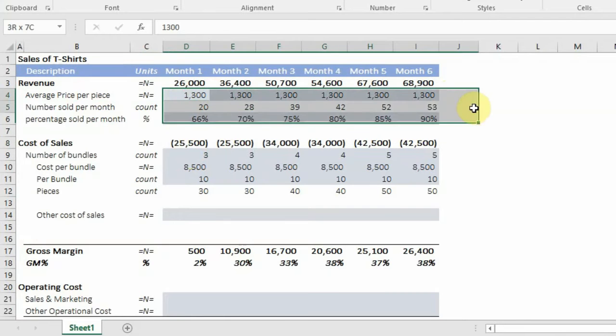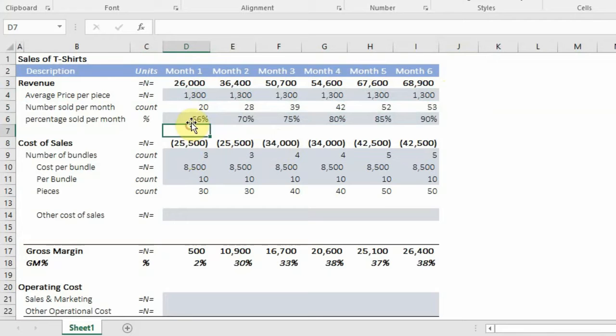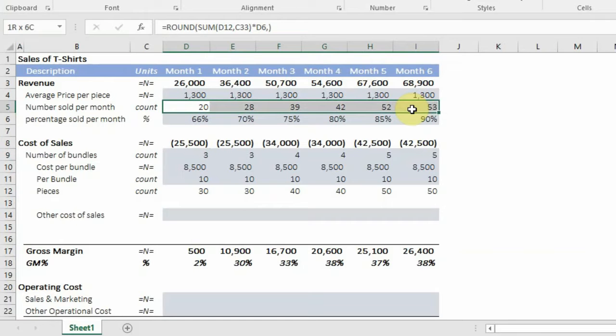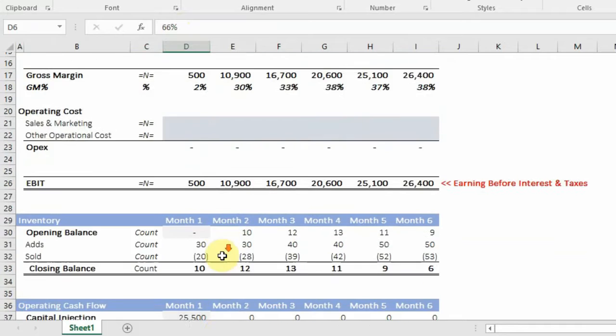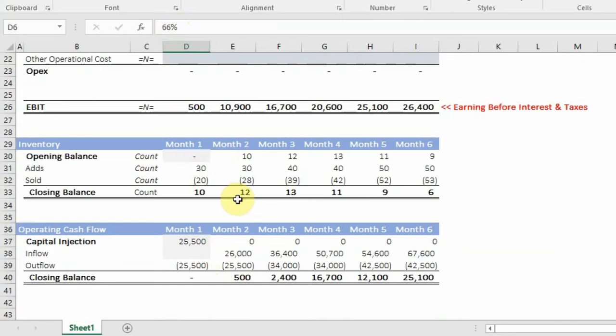So that's why it's shaded, so that you know that these can be changed if you have the spreadsheet. And then these are the assumptions as per the number of T-shirts to be sold. The number of T-shirts sold is driven by the percentage of T-shirts that are available on the inventory.